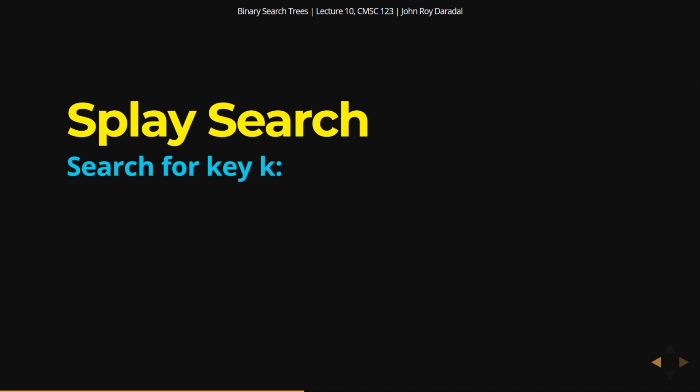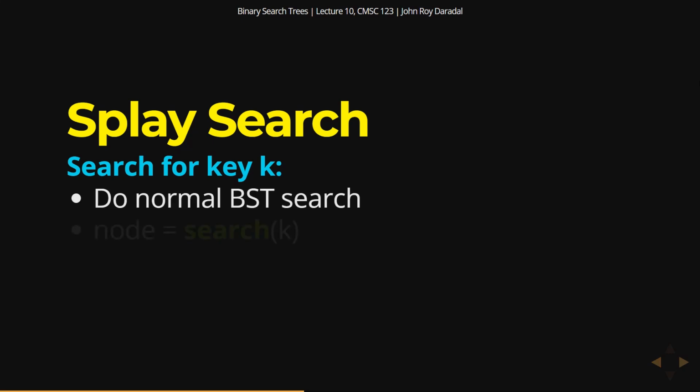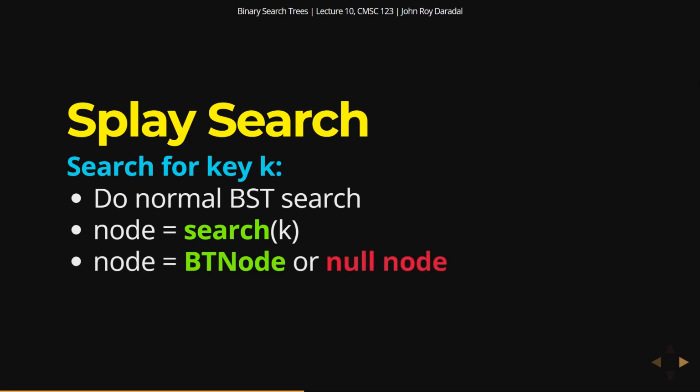But I've basically alluded to it earlier already. So after search, splay the node. To search for the key K, we'll do a normal BST search because splay trees are still BSTs, and then we get a node, right? This node is either a binary tree node or a null node.